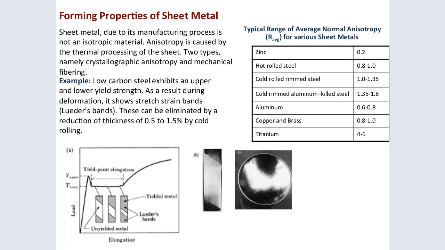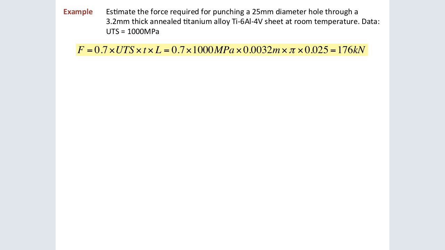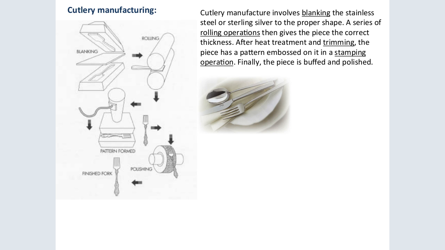So you can see for zinc, it is given there for hot rolled sheet 8 to 1, for cold rolled rimmed sheet, for cold rimmed aluminum, copper, brass, and titanium for different types of metals. So an example again is there. This example, I like you to go and read them at your own time and be able to do the calculation. So in case of anything, I'll be able to explain them to you.